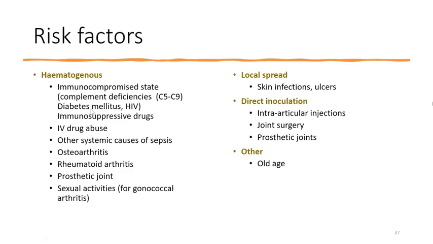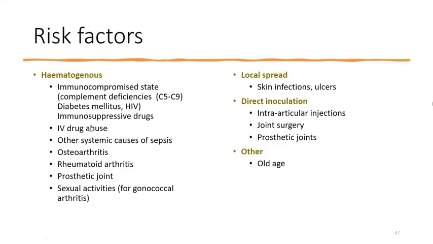If the infection comes from blood, there is a separate set of risk factors, like immunocompromised patients, especially patients who have complement deficiencies. If the complement deficiency involves the membrane attack complex, that means complement factors 5 to 9, those patients are more prone to get blood-borne arthritis. Other causes of immunocompromise like diabetes, HIV, or immunosuppressive drugs may lead to blood-borne arthritis.